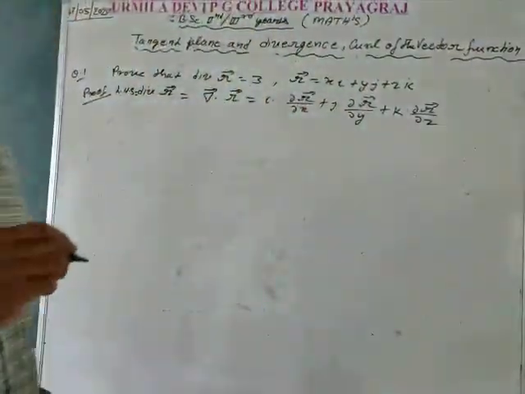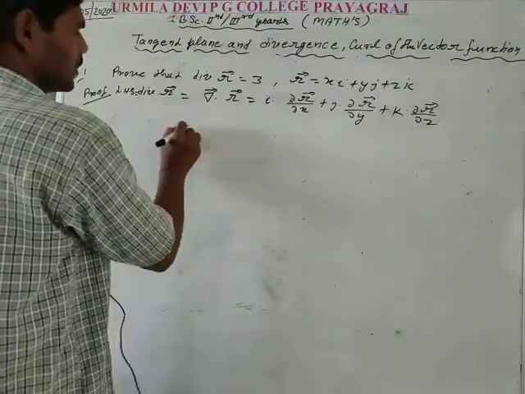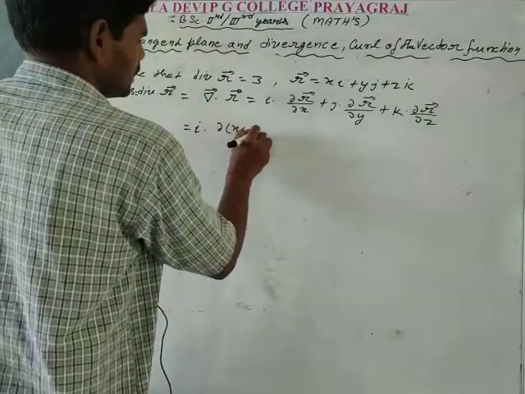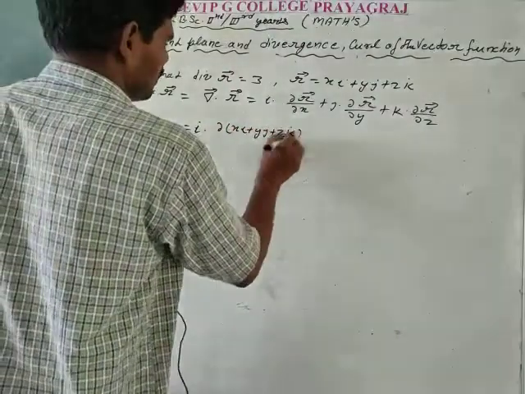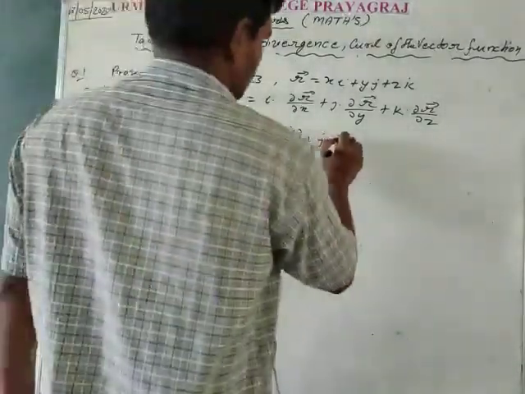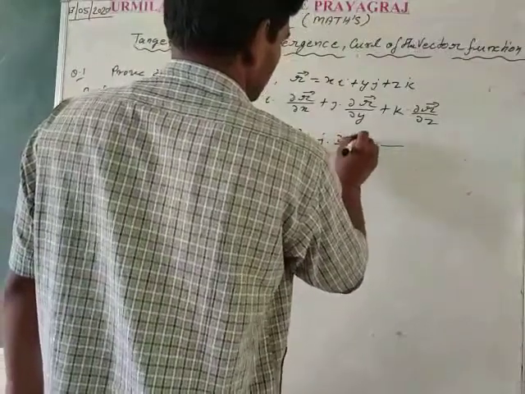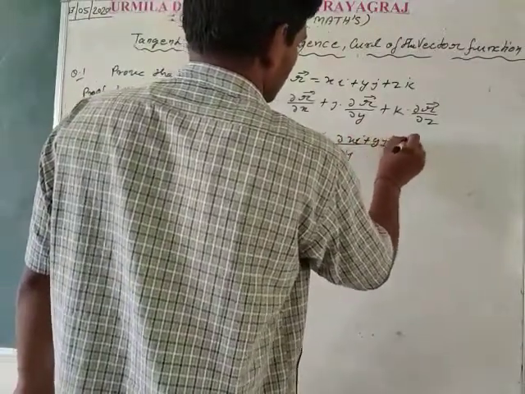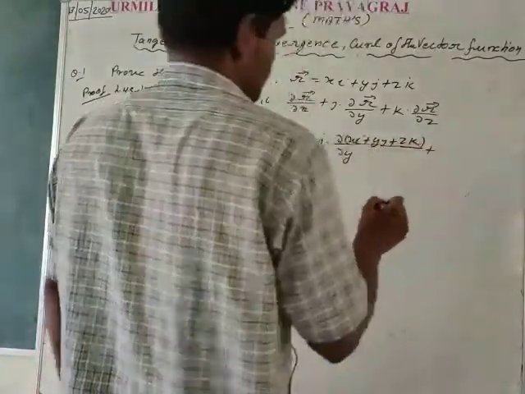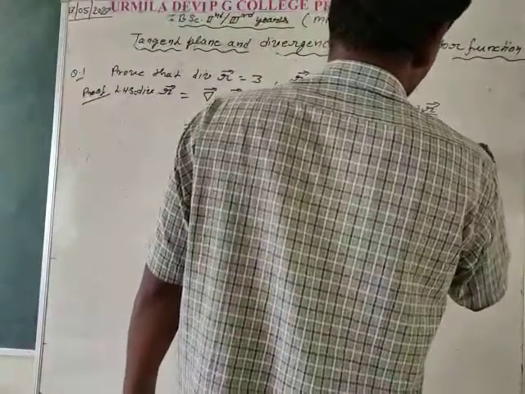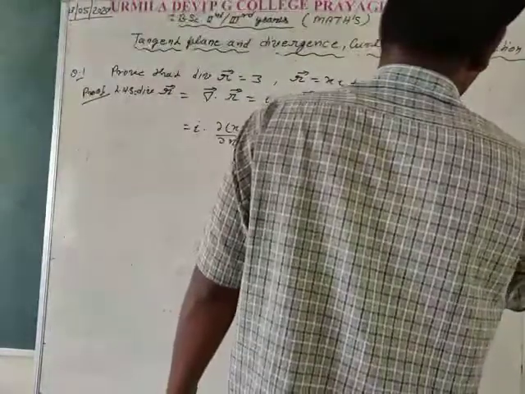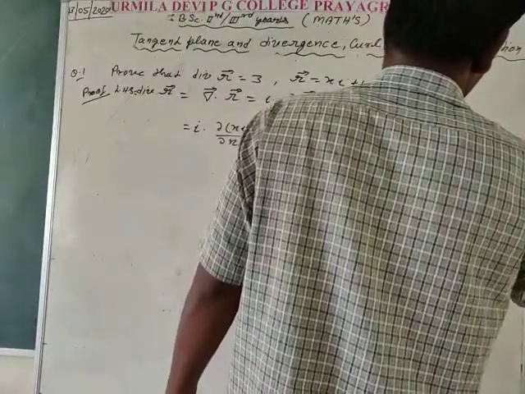Putting the value of vector r: i dot del by del x of (xi plus yj plus zk), plus j dot del by del y of (xi plus yj plus zk), plus k dot del by del z of (xi plus yj plus zk).